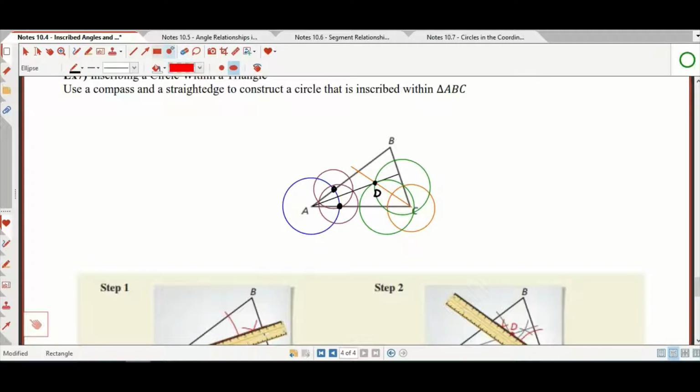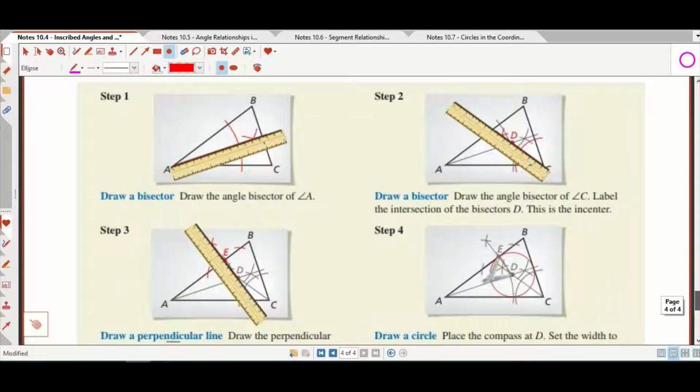If you take your compass and at D, there you go. I'm going to make that a different color so you know it's a different circle. Already used blue, pink. There you go. That was a circle that I made at D.